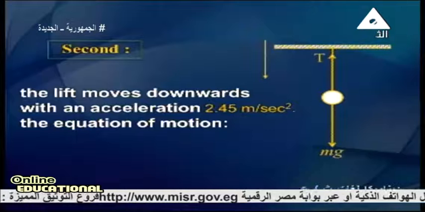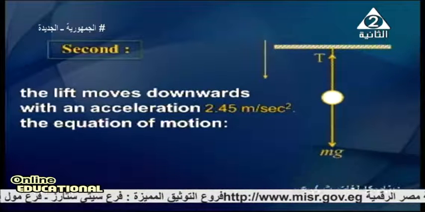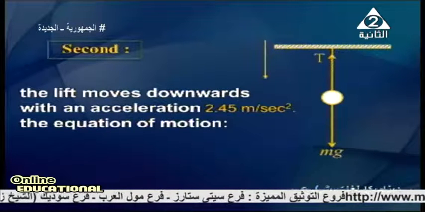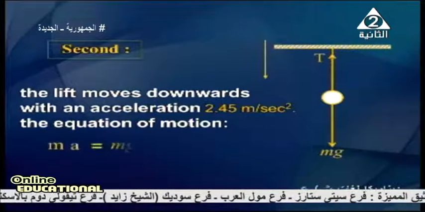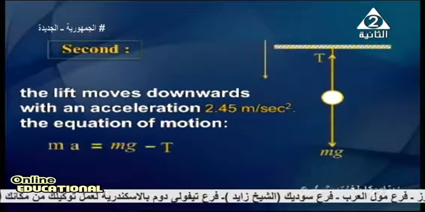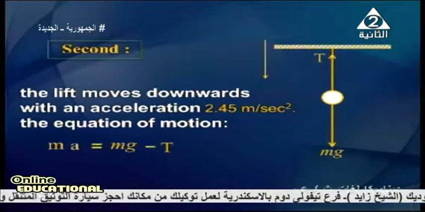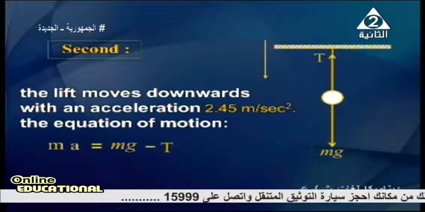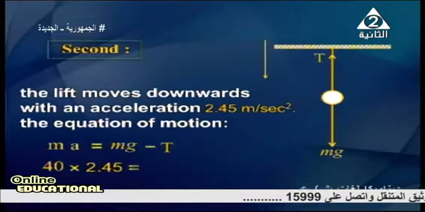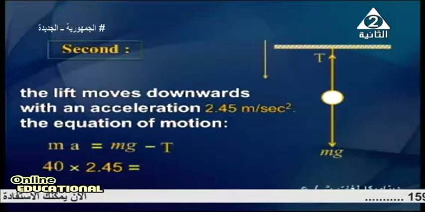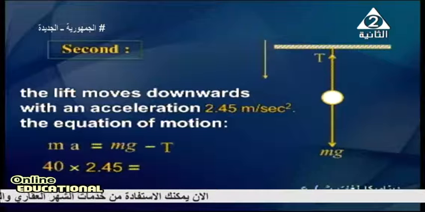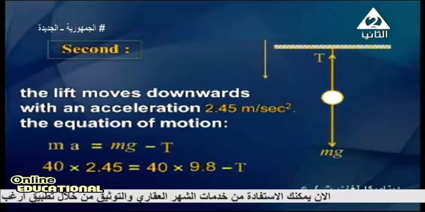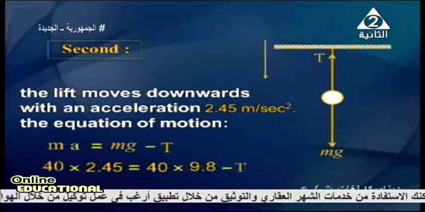Yes, mg is in the positive direction, but the tension T in the negative direction. Then the equation is MA equals mg minus T. The mass of the body is 40 kilogram, times the acceleration 2.45 equals 40 times 9.8 minus the tension in the string.